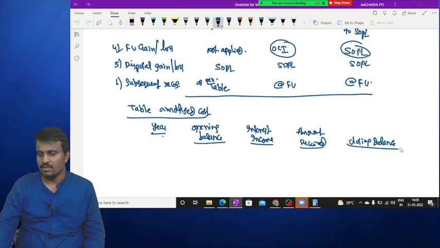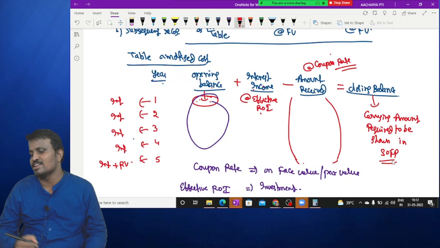And here the closing balance is nothing but the carrying amount, which is required to be shown in the statement of financial position on the asset side.